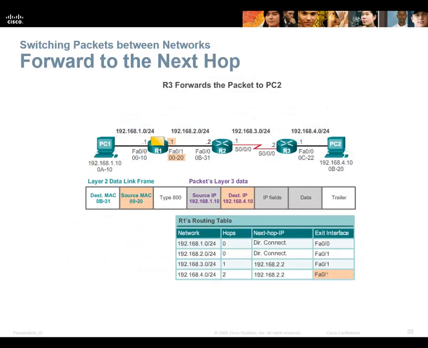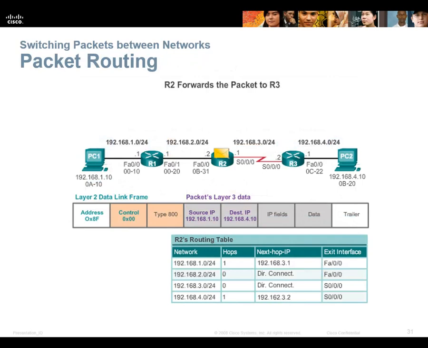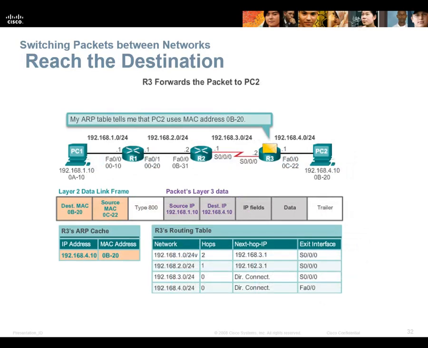So router 3 forwards it to PC2 finally. Excuse me, router 2 forwards the packet to router 3, which will send it on. And there it is actually forwarding the data.